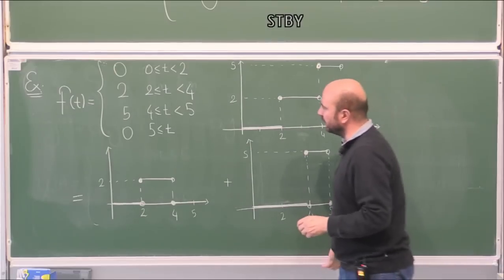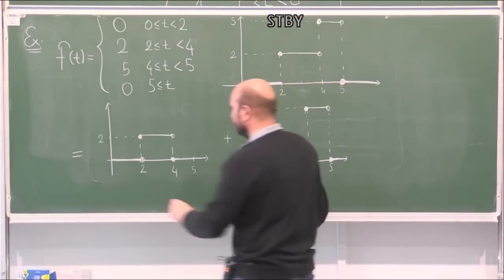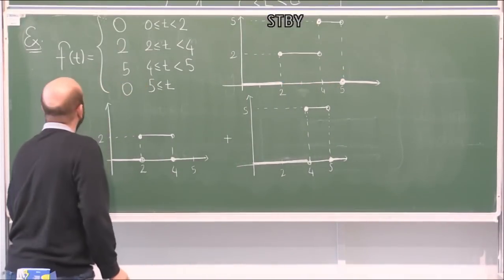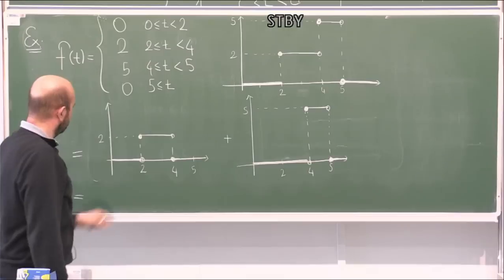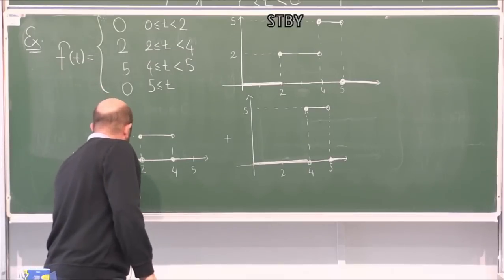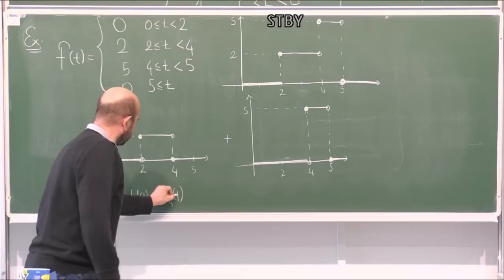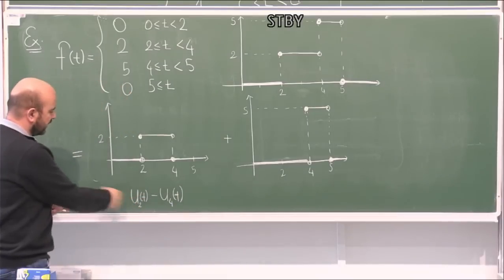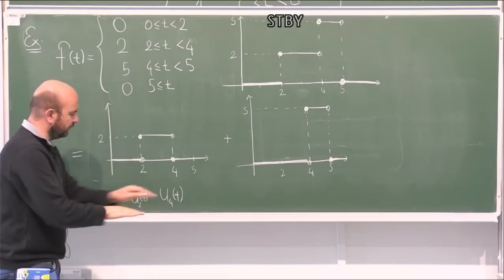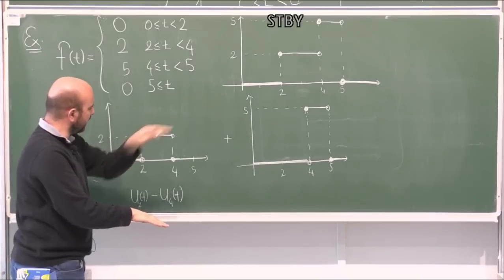But now, according to the previous example, if I take u_2 minus u_4, this function says that until 2, it is 0. Between 2 and 4, it is 1. And then after 4, it is 0.